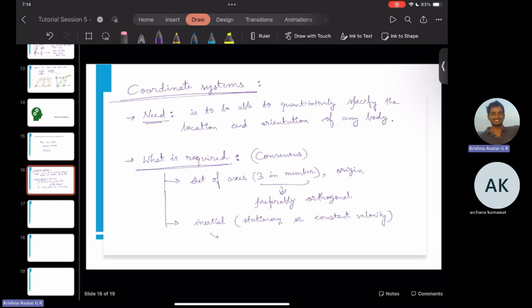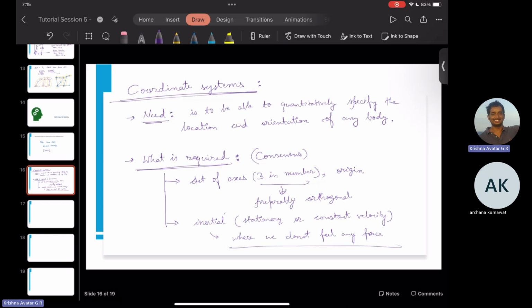So essentially, it's any frame where we don't feel any force. That is what an inertial frame actually is. If we are on that frame and traveling along in the frame, then we do not feel any force. Then that is an inertial frame.